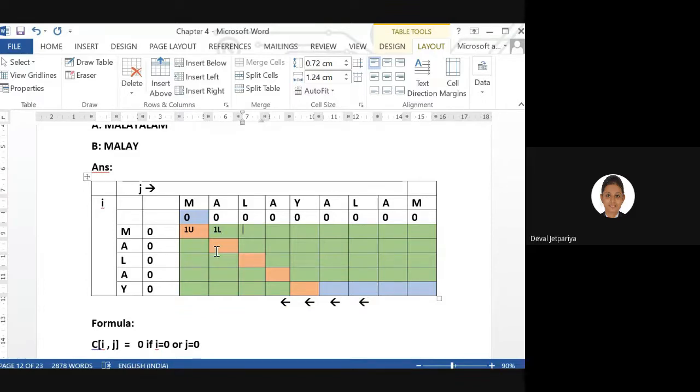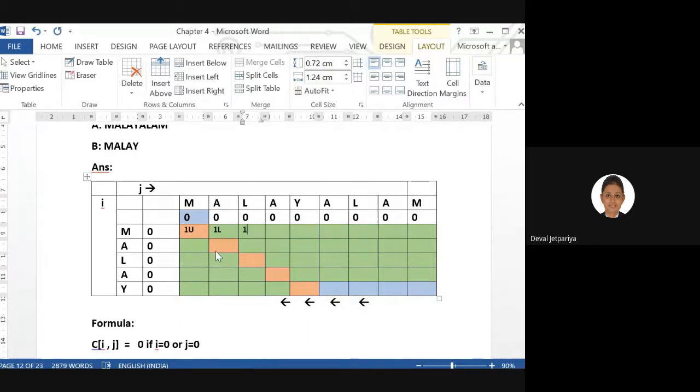Okay. Now tell me for this box, first tell me input data, row wise and column wise. Yes, so there is no matching. So now what should be maximum, 1 or 0? Left hand side or above? Yes, 1.